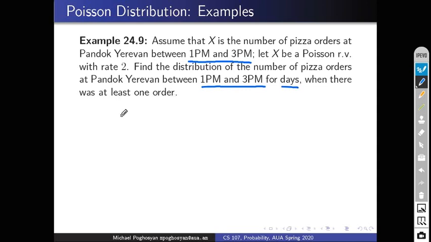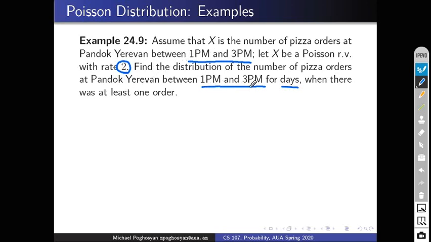So what does this mean? If X is the number of pizza orders during this time period, X can be 0 as well. So the average number is 2, but sometimes we can have 0 orders, sometimes we can have 1, sometimes we can have 10, say, orders, etc. Very rare, 10 orders.